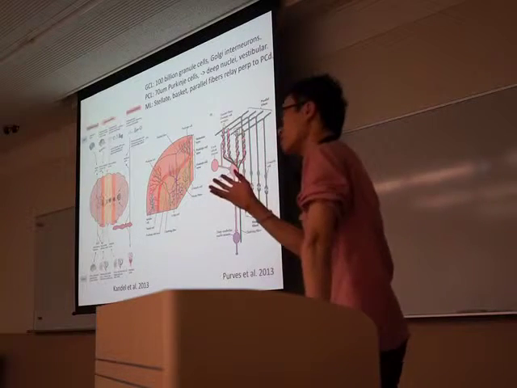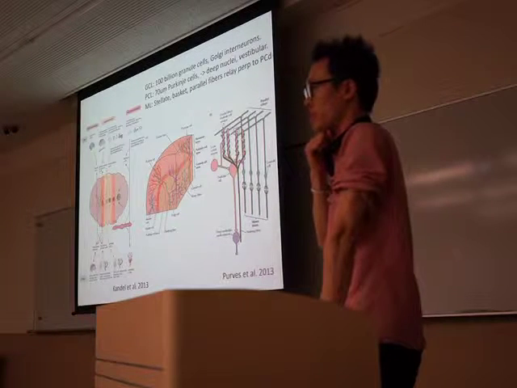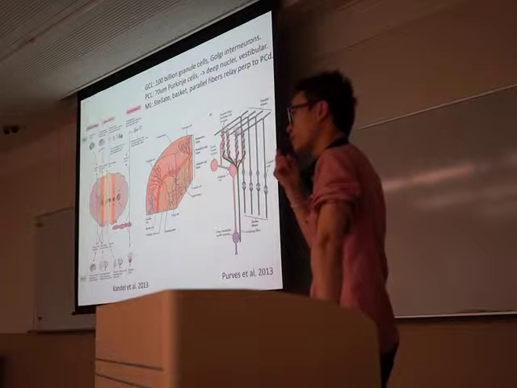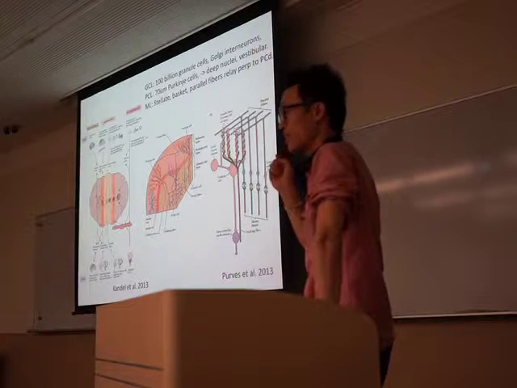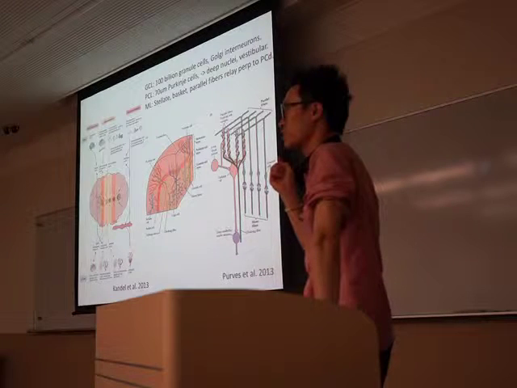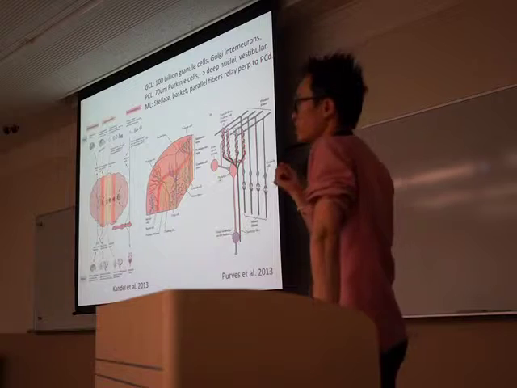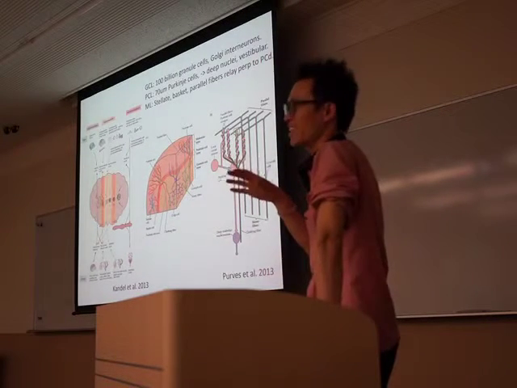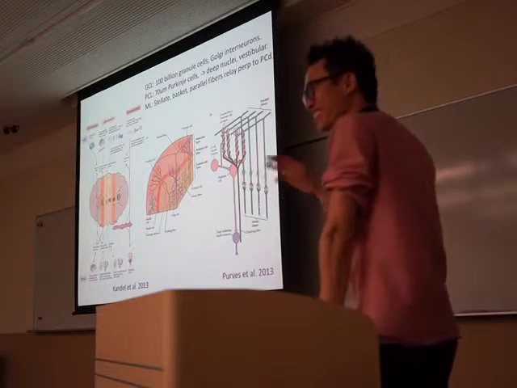So the input comes in the synapse, output goes out in the fibers. The fibers in this case are called parallel fibers, but they are actually just the axons of the granule cells. So this is the same cell type as in the granule cell layer. I know there's a lot of information here, but don't worry, I'm going to say it again, like 3 more times, just in a different way, okay?